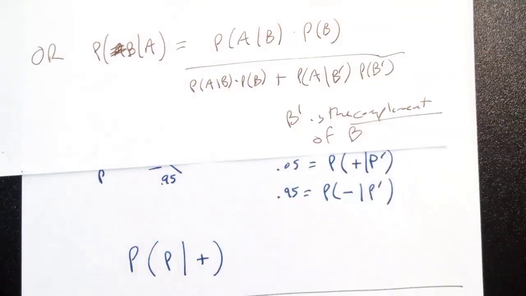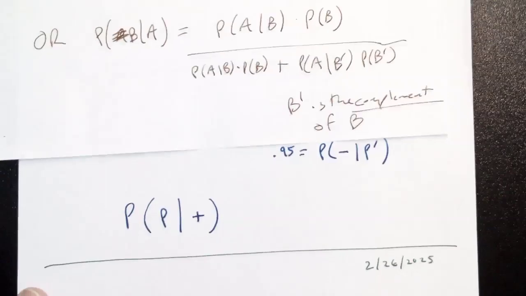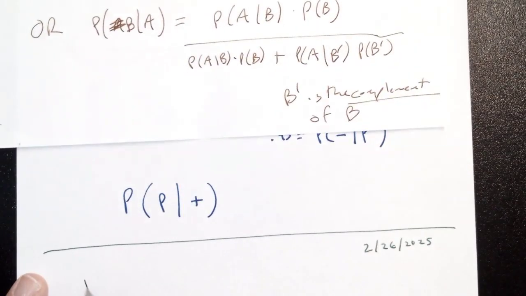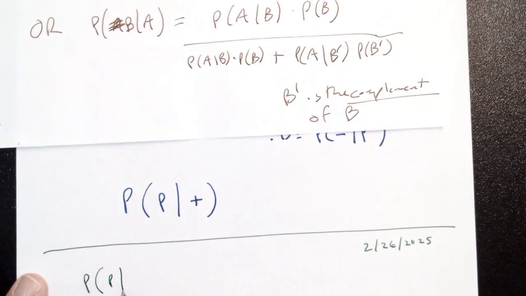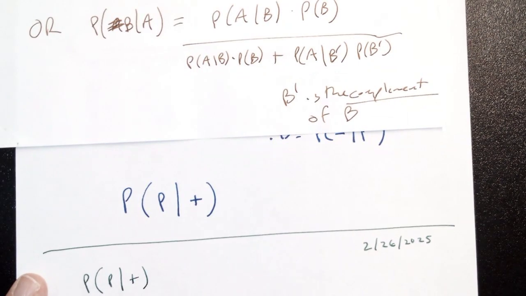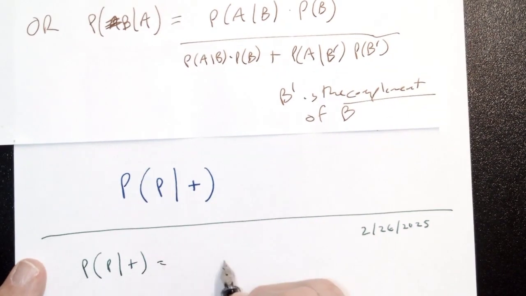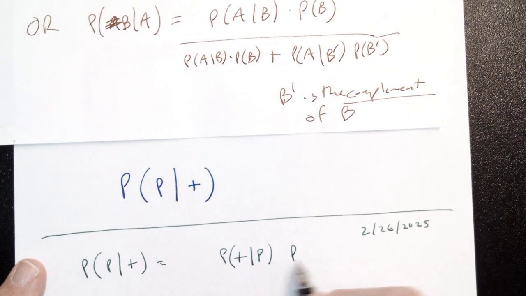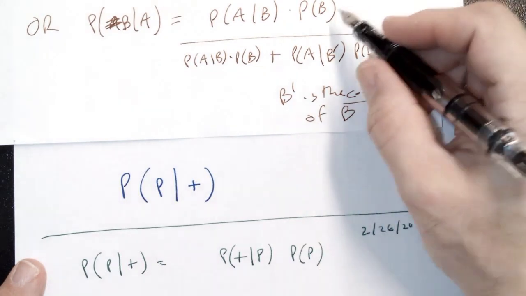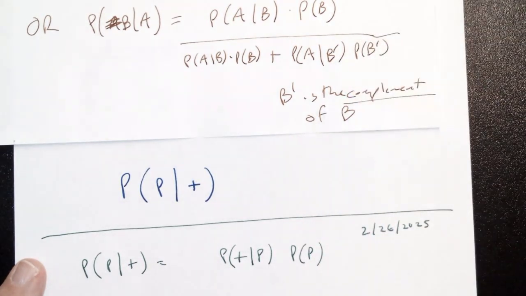If I want to do this, let me just set up the formula. The chance that my person is pregnant given a positive pregnancy test is the chance they were positive given pregnant times the chance of pregnant. I'm reversing the two items.